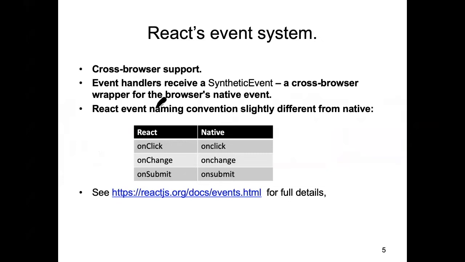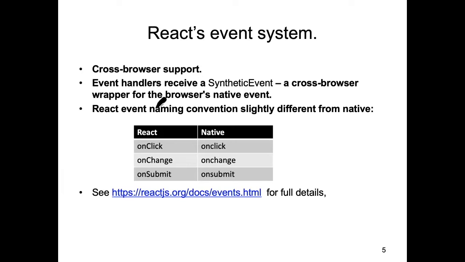Now, obviously, from browser to browser, the structure of these event objects is slightly different. They're native to each particular browser. That's not a good thing if you want your code to run across different browsers or multiple platforms or multiple browser environments.